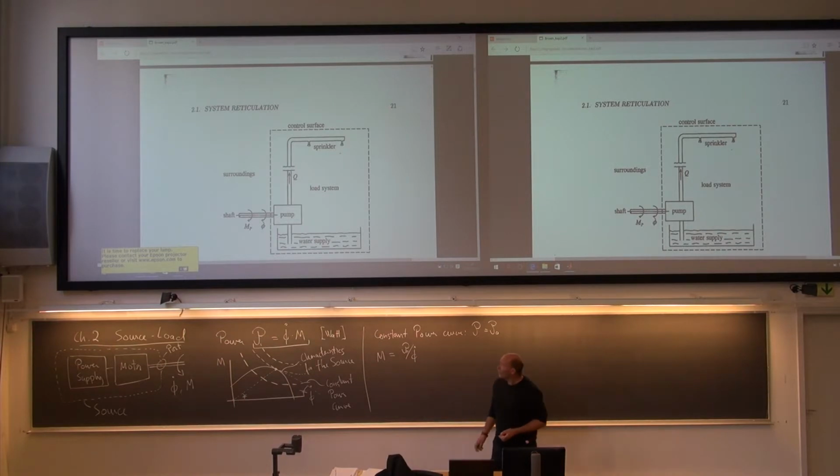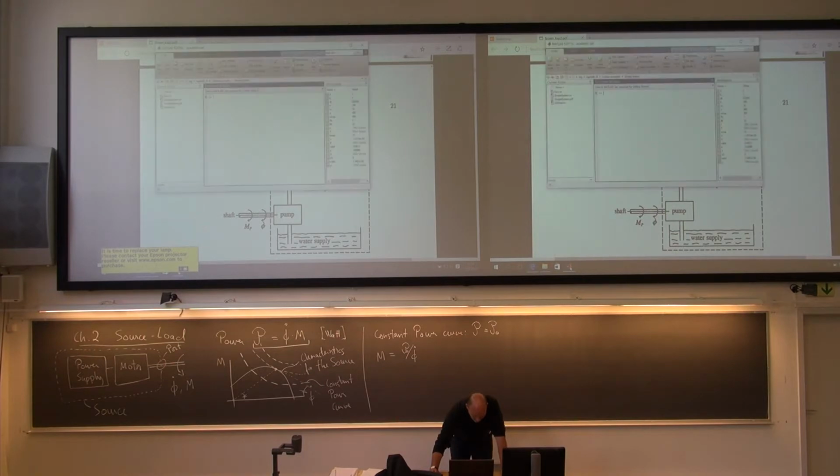Before we continue now with an example here, this sprinkler system, I want to show you an example here. It was very small, wasn't it?